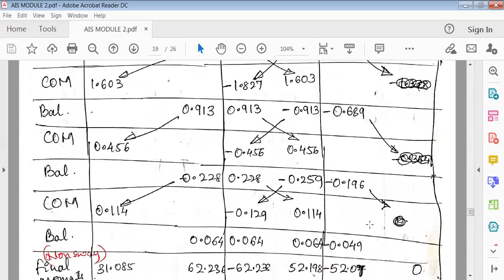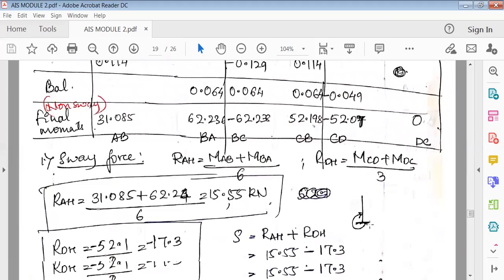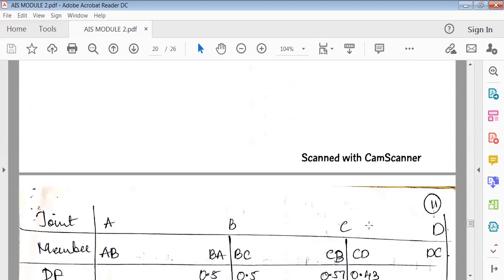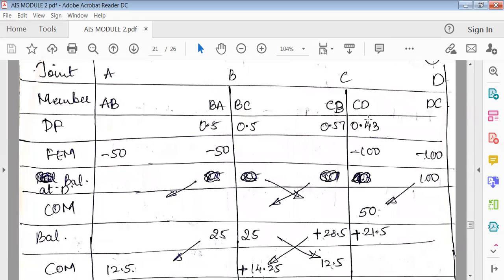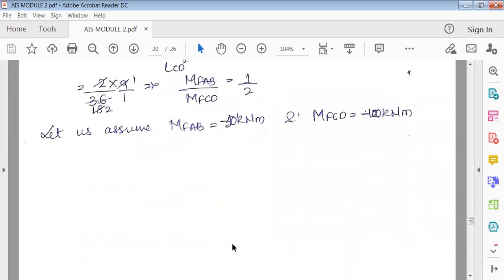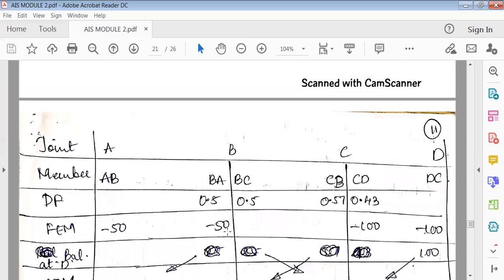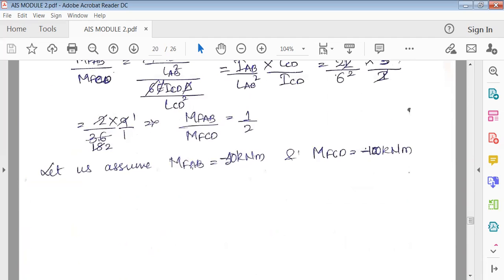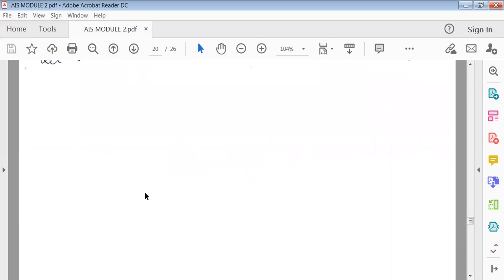Only the moments change here. For the fixed end moments, MFAB and MFBA are minus 50, minus 50. Then the last column has the column moments, minus 100, minus 100. You have to use this for both. I've just shown it here for AB, but this is applicable for BA also, and for CD, DC.